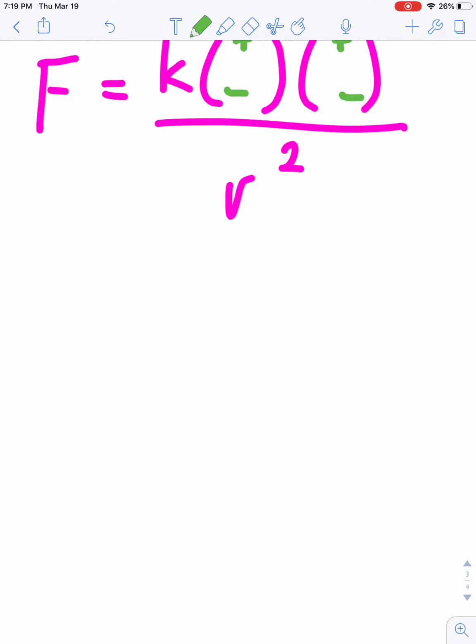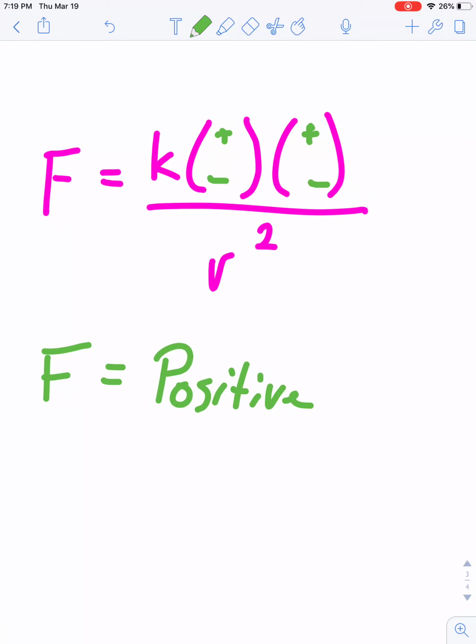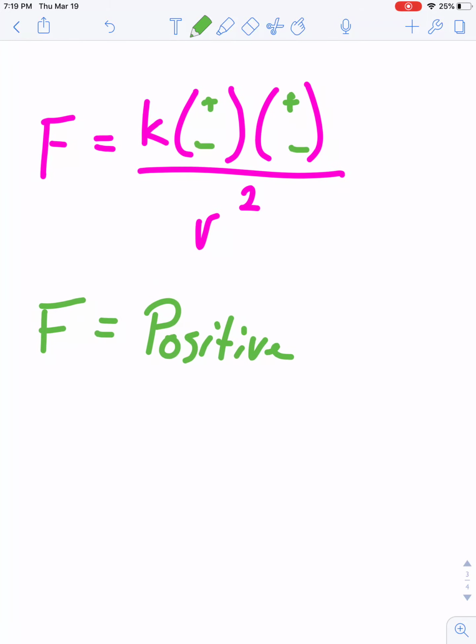The force is going to be a positive number, because if we have two positives being multiplied together, they're obviously going to be a positive. But if we have two negatives multiplied by each other, that's also going to be a positive number. Therefore the force is positive, and if the force is positive, we then said they are like charges, and that's going to indicate a repulsion. They're going to repel each other.